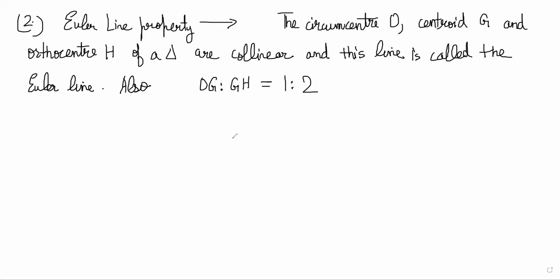So basically, the circumcenter, centroid, and orthocenter are collinear, so they lie on a single line. And this line is called the Euler line, and the centroid divides the circumcenter and the orthocenter in the ratio of 1 is to 2. So O and G and H are like this. This is orthocenter.